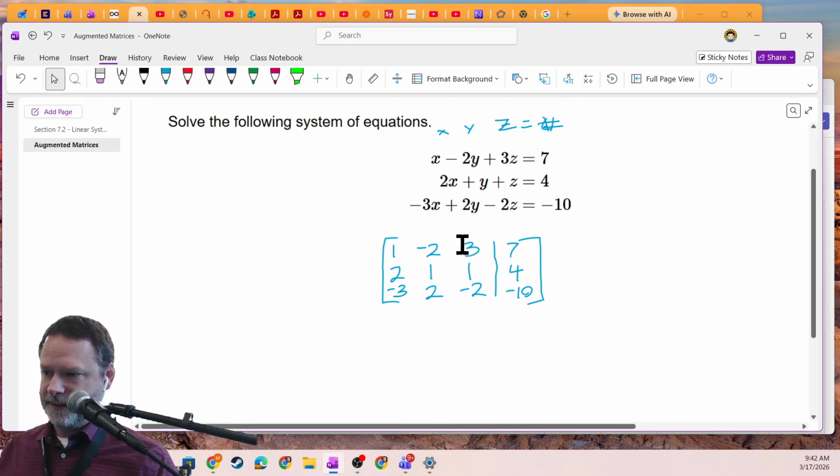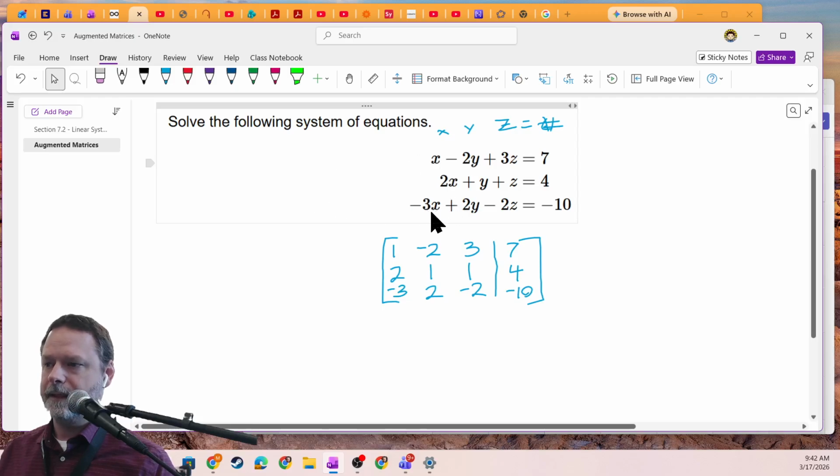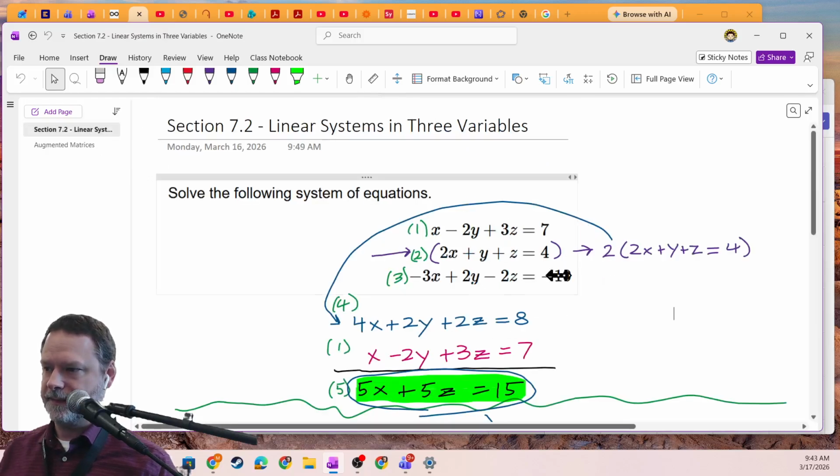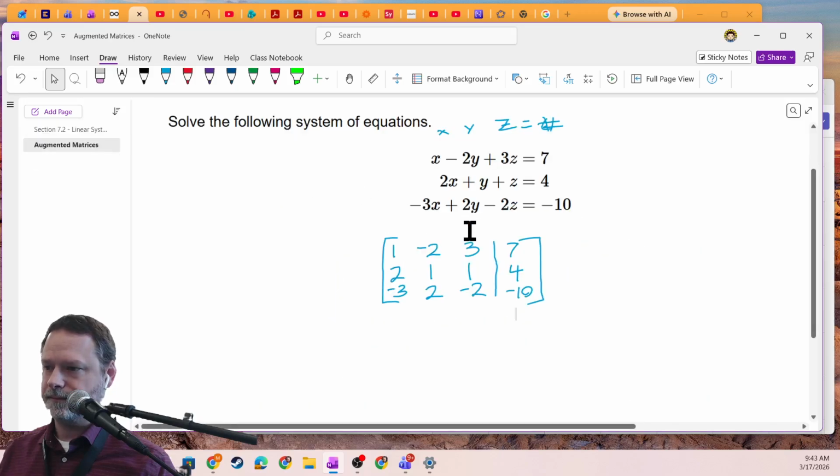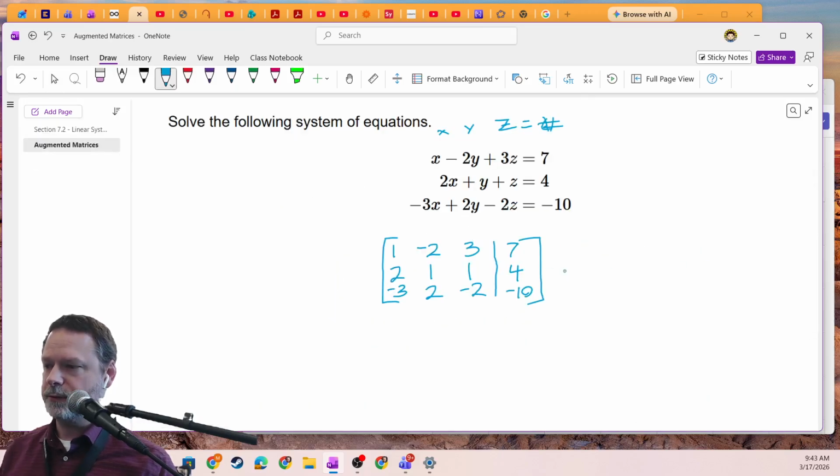This one actually seems really nice. I really like the way this one's set up. I might want to use different steps than I used to solve the last one. Here's what we want to do: we want to get to the point where eventually we're getting to this.